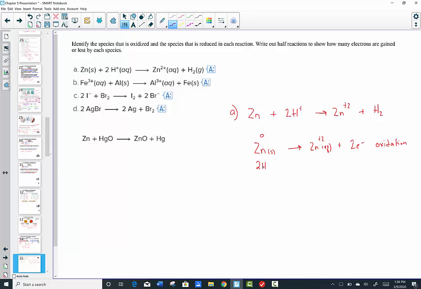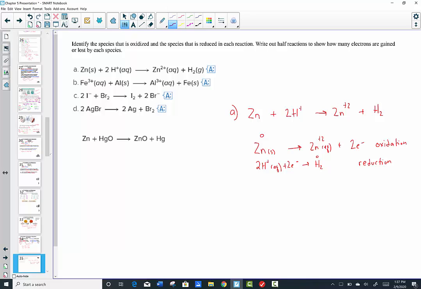The 2 hydrogen ions started as aqueous ions and turned into the elemental form of hydrogen. To go from a plus 2 to a 0 required gaining 2 electrons. I should remember to leave room. So plus 2 electrons. Becoming more negative requires gaining. So this is the reduction half reaction. How many electrons are lost or gained?